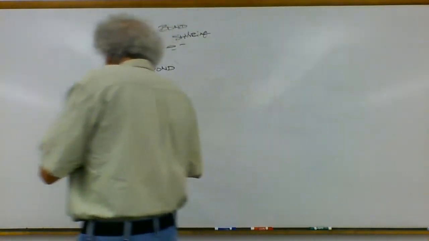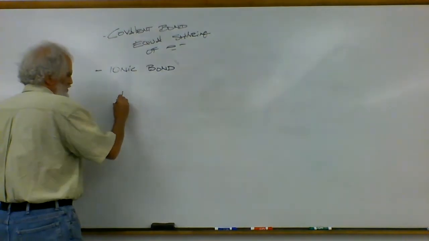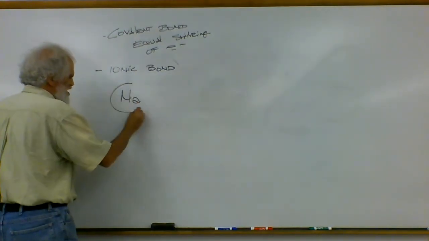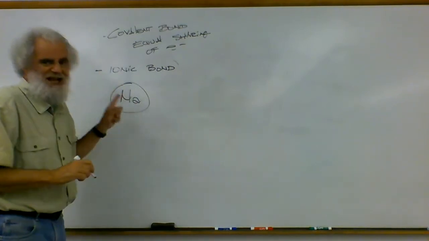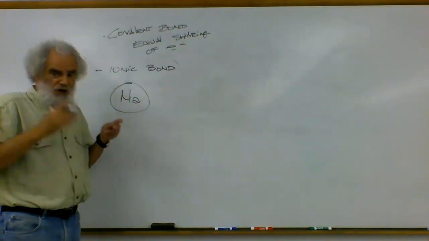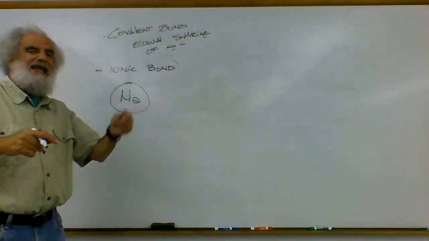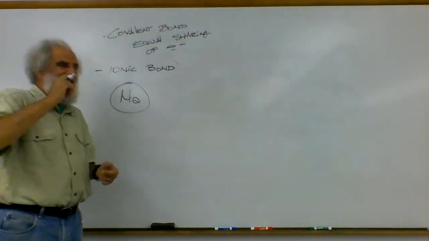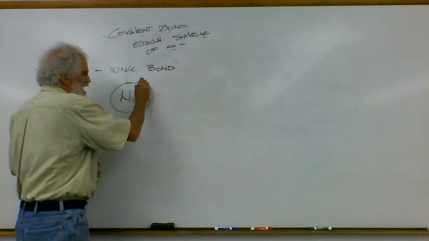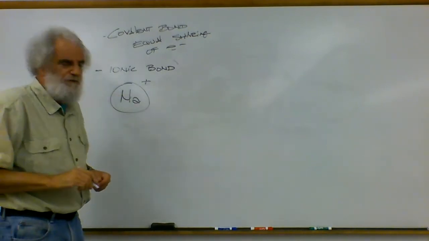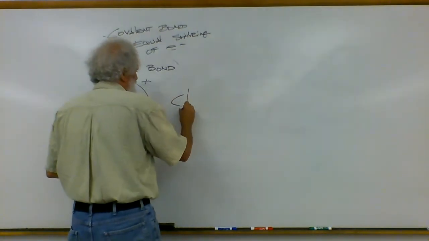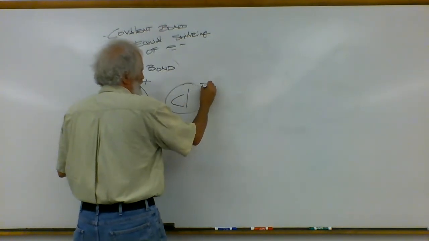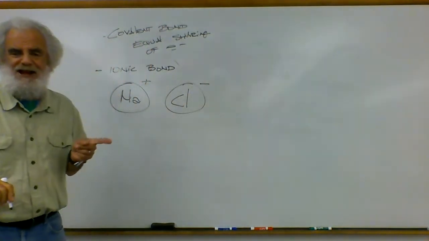Sodium, whose chemical symbol is Na, is missing an electron. Compared to the proton number, it has one electron missing, and so its charge isn't balanced. It ends up having a positive charge. Chlorine, on the other hand, has one extra electron and ends up having a negative charge.